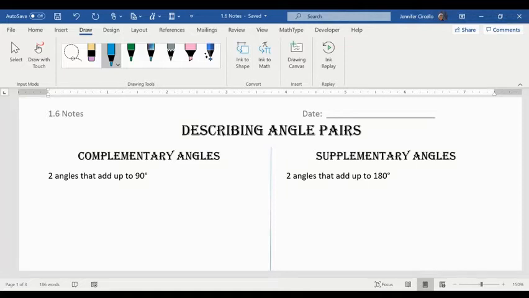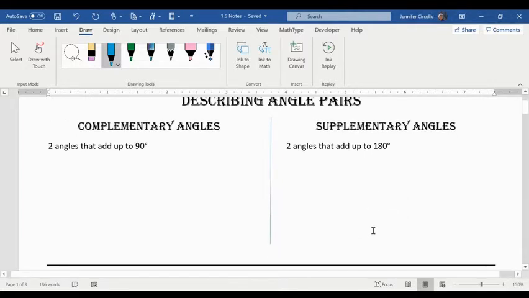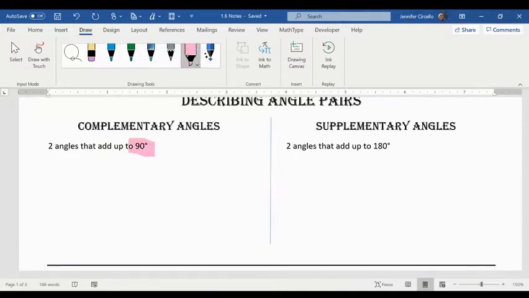And as we go on, we're going to learn some theorems: if angles have this relationship, then we can assume something else is true as well. Okay, so the first two types of angle pairs that we're going to talk about are complementary and supplementary angles. Complementary angles are two angles that add up to 90 degrees, and supplementary angles are two angles that add up to 180 degrees.